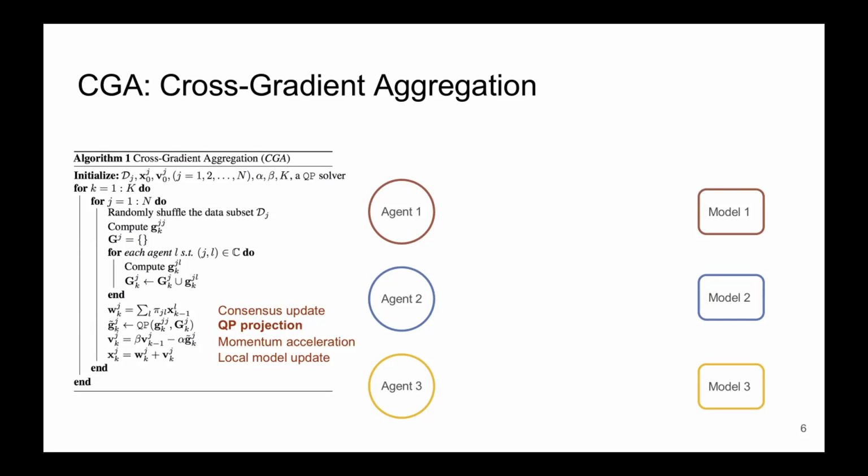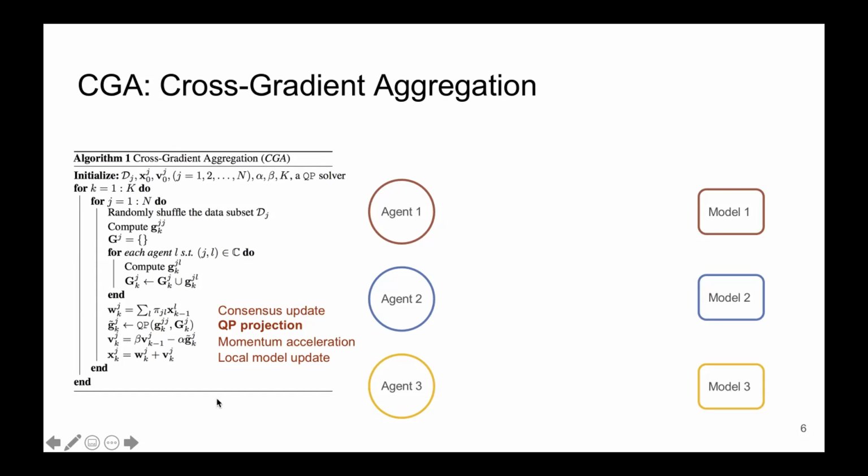Actually, their algorithm, this is Algorithm 1. It's just like the momentum variant of consensus SGD. It's one paper that one of the authors proposed. It's just a momentum variant of consensus SGD, but with quadratic projection here.